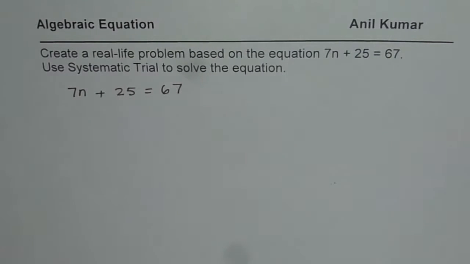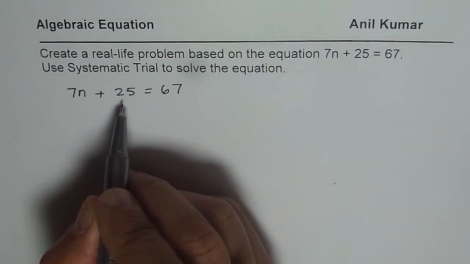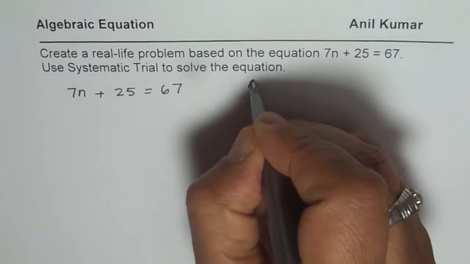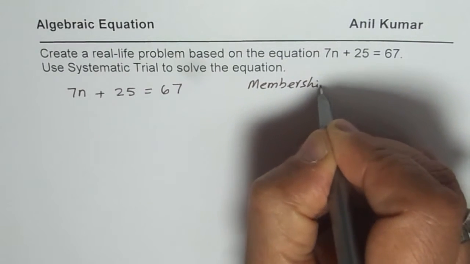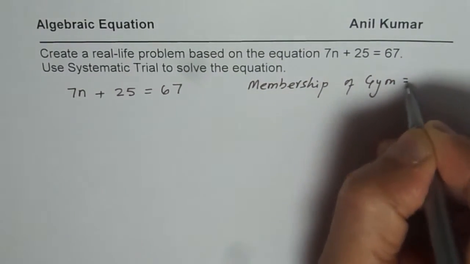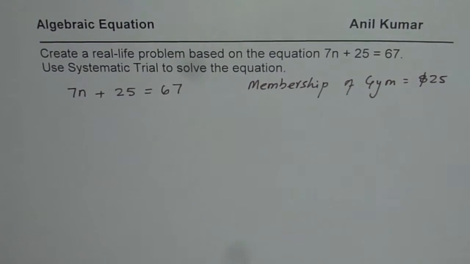If I treat this as a cost, let us say the membership of a gym is $25. So that becomes a fixed cost, correct?